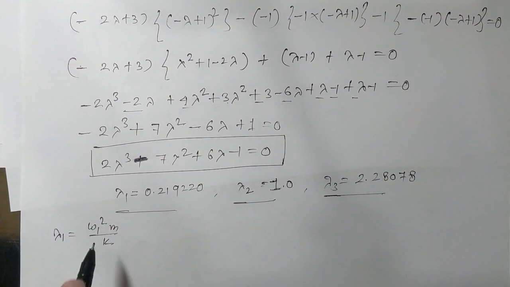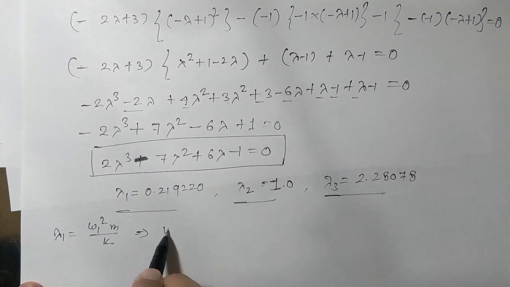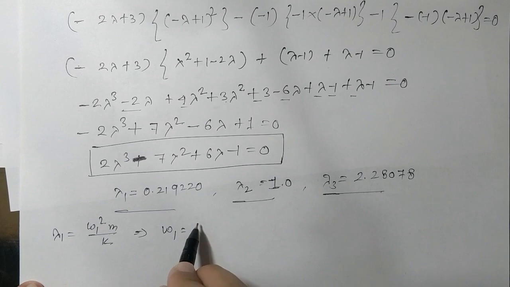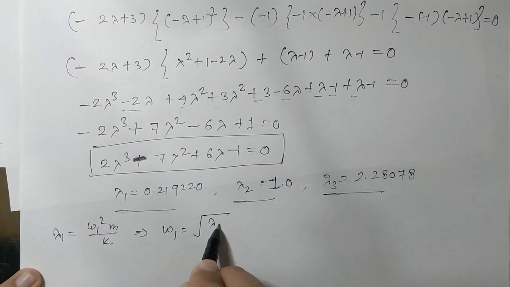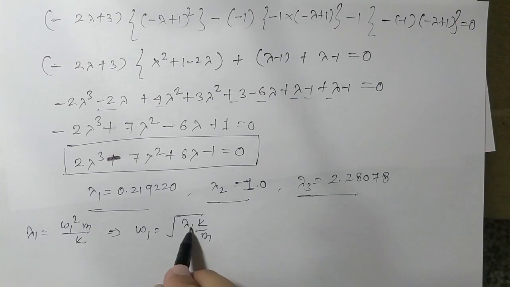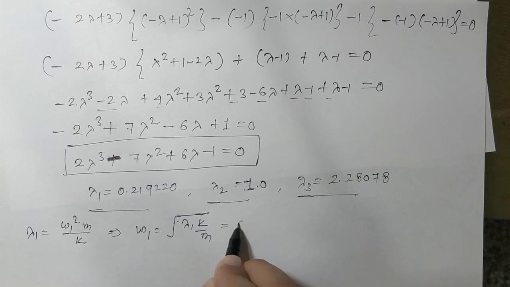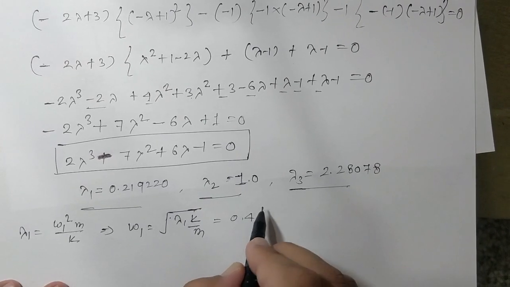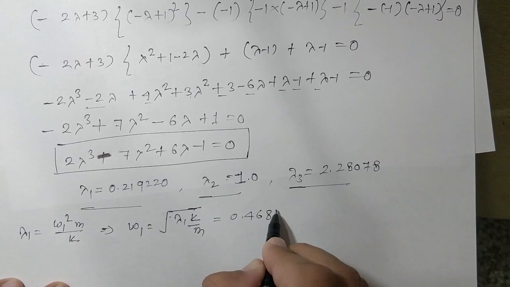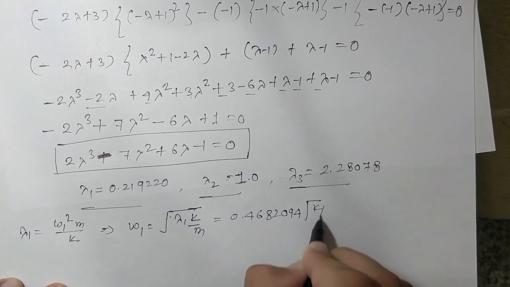Here omega 1 can be found: omega 1 equals under root of lambda 1 k by m. If we put the value of lambda 1 here, we get 0.468294 under root k by m.